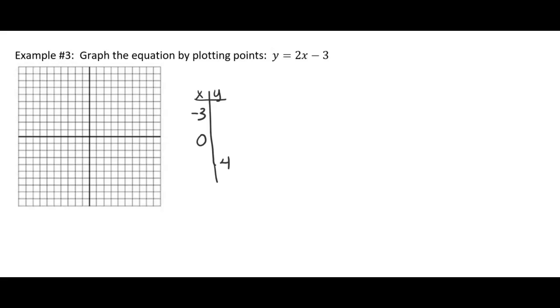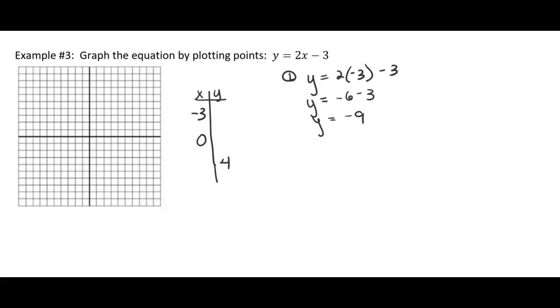What we're going to do is let x equal -3. So for the first one, y equals 2 times -3 minus 3. And we'll see what we get. Now you have to do these calculations very carefully, because it makes a big difference when you go to graph them. So 2 times -3 is -6, minus 3 is -9.